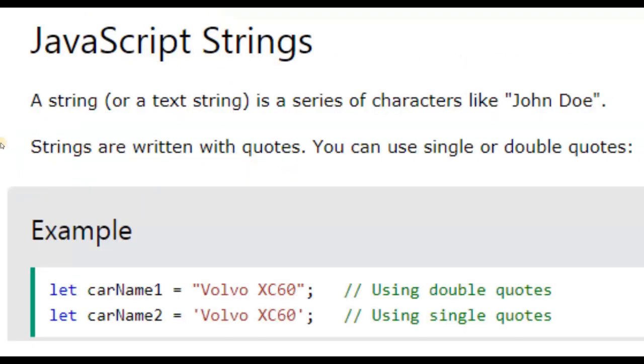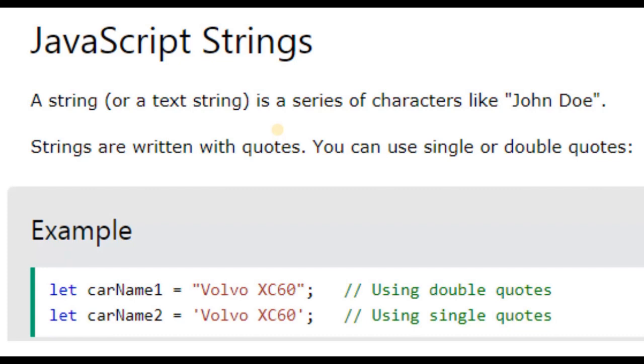JavaScript strings. A string, or a text string, is a series of characters like "John Doe". Strings are written with quotes.